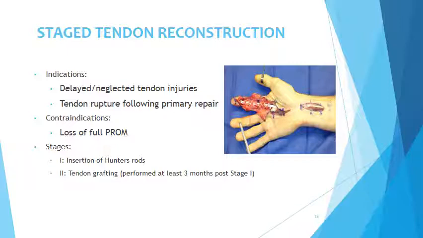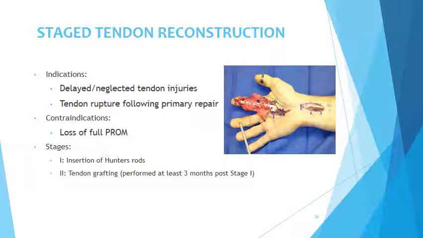So if the finger is stiff, you cannot passively flex the finger through full range of motion or passively extend a finger, and that there's adequate and enough passive range of motion or full passive range of motion, a staged tendon reconstruction will not be considered.